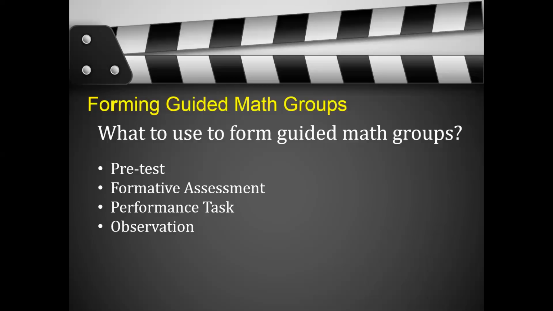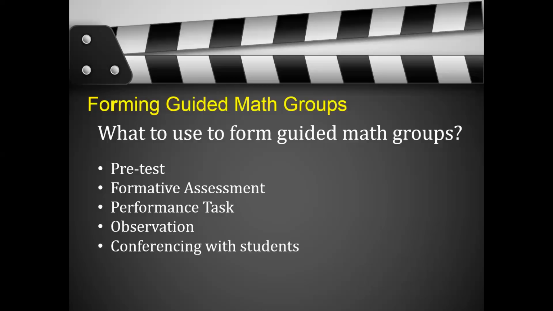So observation is huge. The other nice thing about observation is it tells us that we don't have to wait until we take a paper pencil assessment to change our groups. If we see that a kid is in the wrong group, we need to change it. Don't wait till that next assessment to change it. We can base that off of our observation.